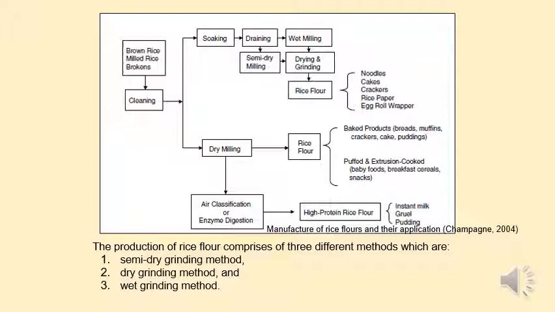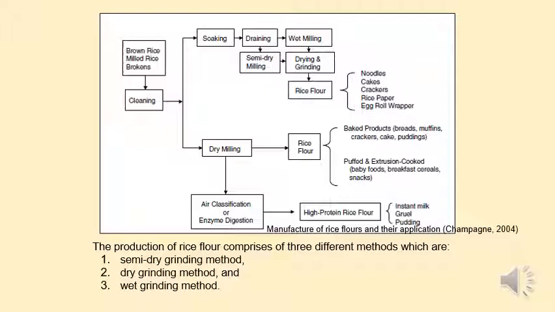As you can see from the figure, it is from Champagne 2004, on the manufacture of rice flour and its application. From the brown rice or broken rice, it is cleaned and goes through the first step, soaking and draining, for wet milling and semi-dry.